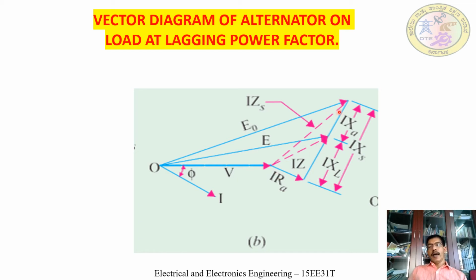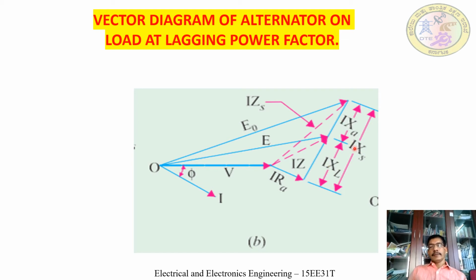Next, if you add armature reaction drop IXA, 90 degrees ahead of current I or in phase with IXL continuation, then in this impedance triangle IZS equals the vector sum of IRA and IXL plus IXA.